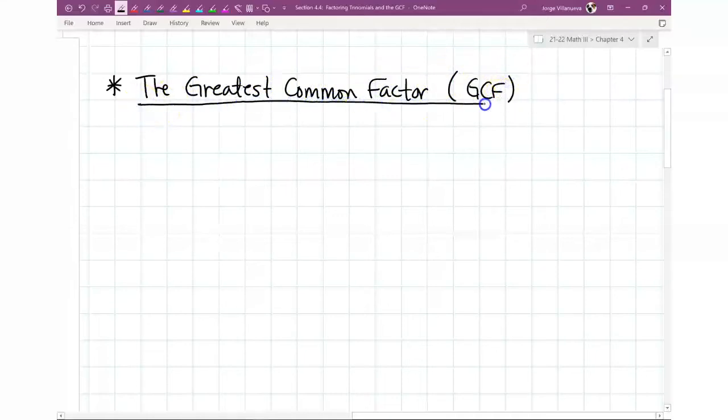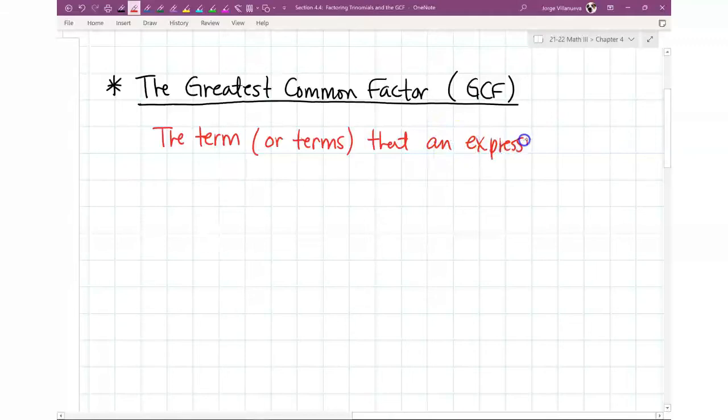The greatest common factor. So this is the term or terms that an expression shares. Okay, so the term or terms that an expression shares.